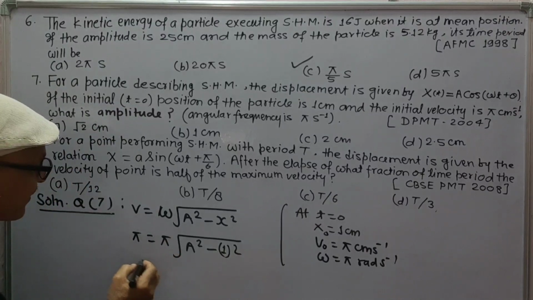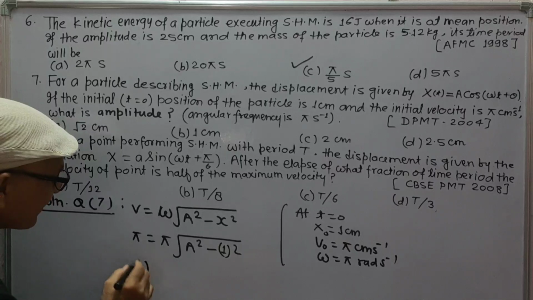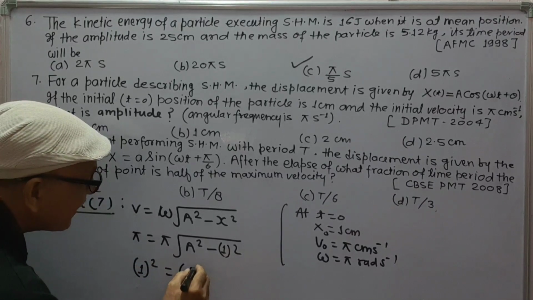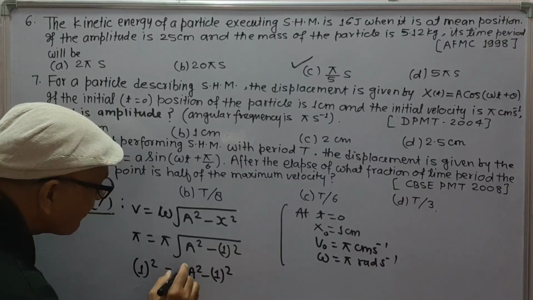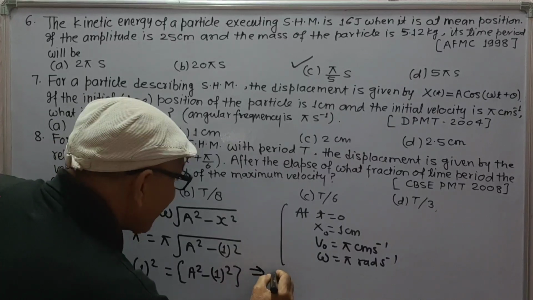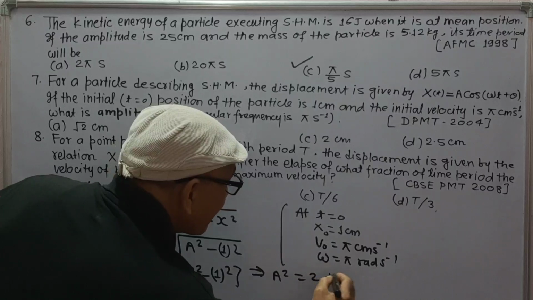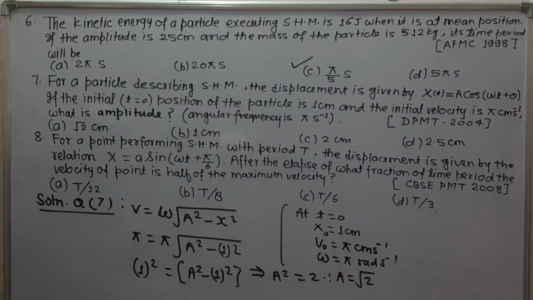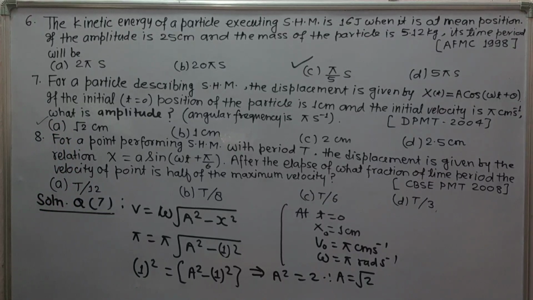Pi cancels out and we get 1 square is equal to a square minus 1 square, which gives a square as 2. Therefore, a will be equal to root 2. So, the correct option will be A, root 2 cm.